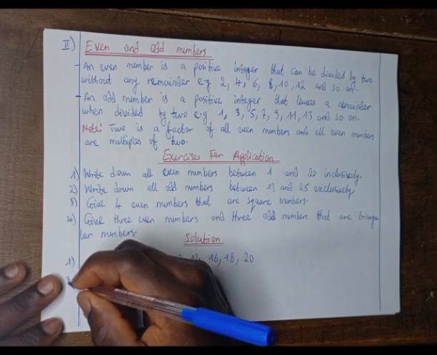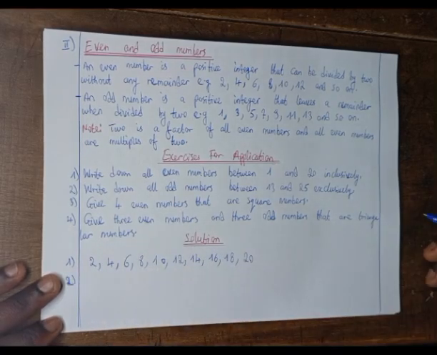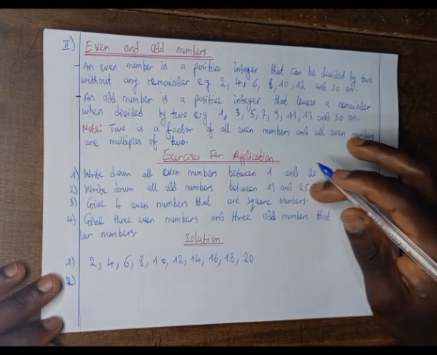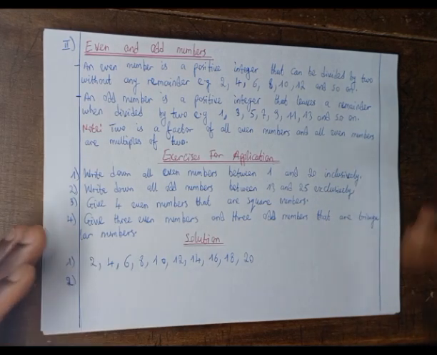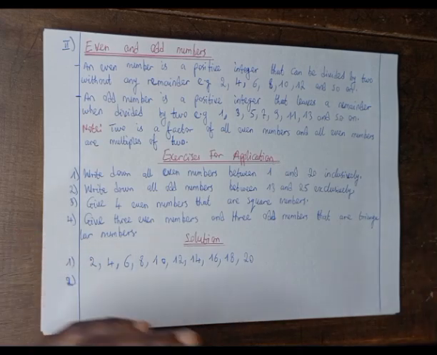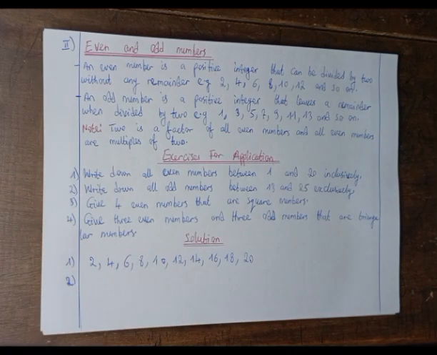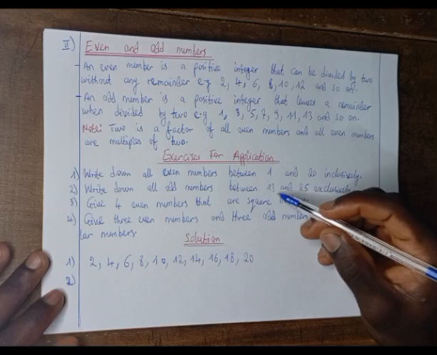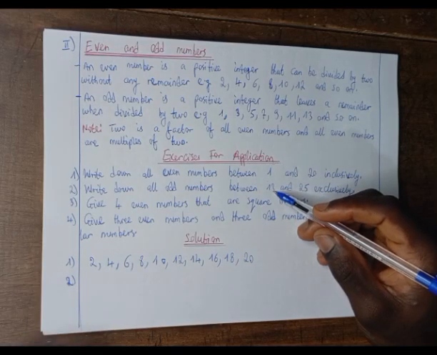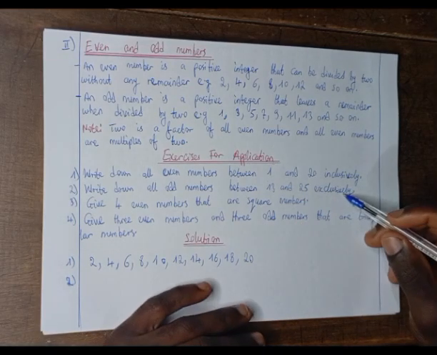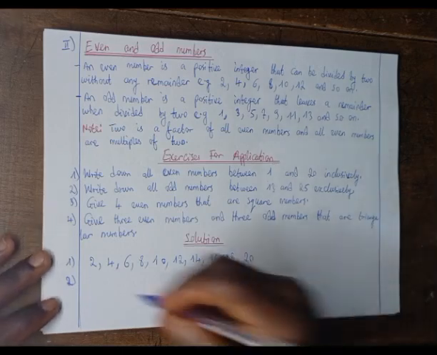We go to question 2. It says write down all odd numbers between 13 and 25 exclusively. Exclusively simply means the boundaries will be left out if they are odd numbers. 13 is an odd number. Since it is exclusively, we are going to leave out 13.